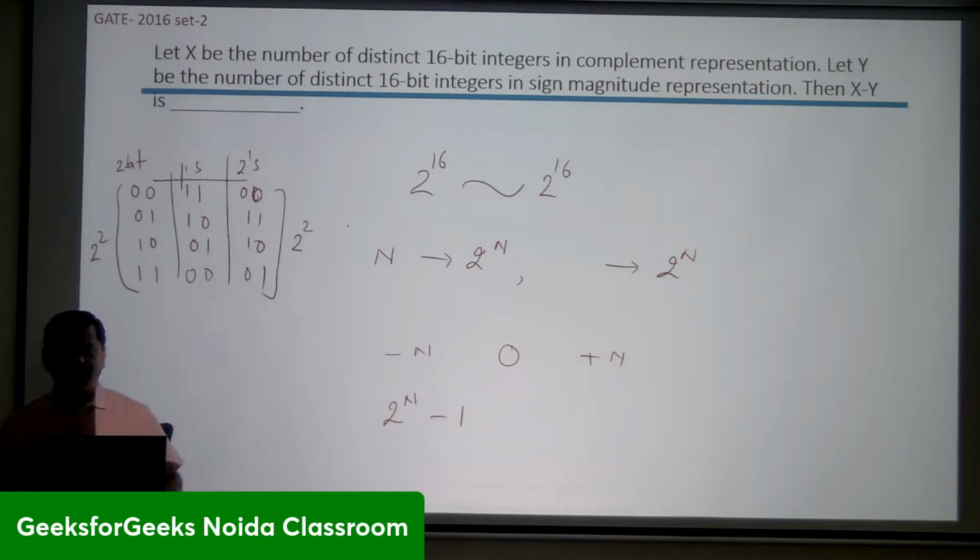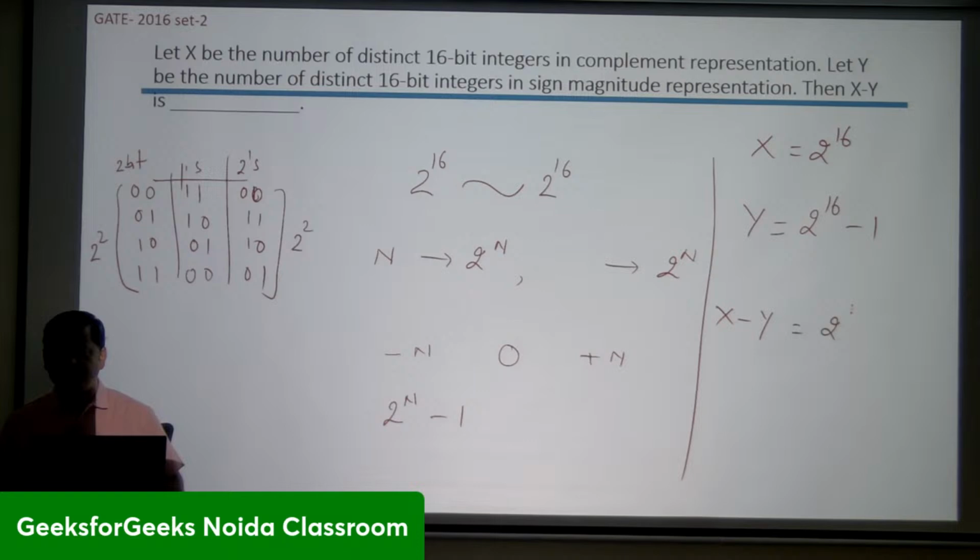All right, now come to the original question. X represents 2 to the power 16 possibilities of the complemented value, because it is represented in 16 bits. Y is the same but in signed representation. That means it is 2 to the power 16 minus 1, and we are asked to compute x minus y.